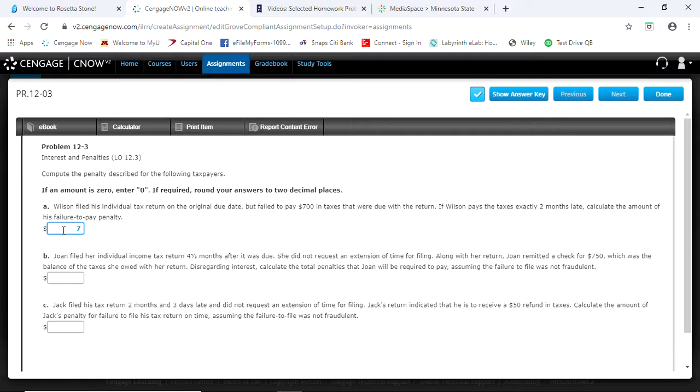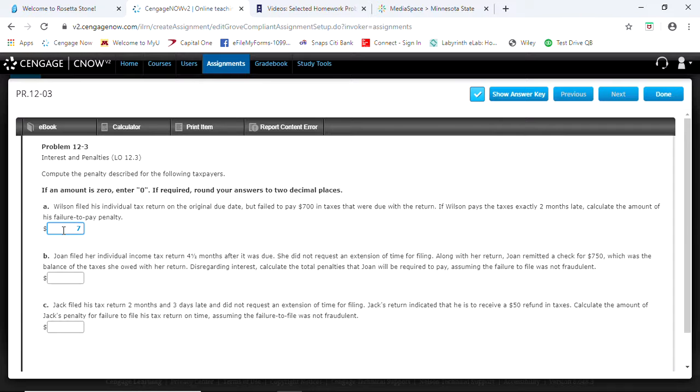Okay, part 2. Joan filed her individual tax return 4.5 months after it was due, so we're definitely going to have a failure to file. She did not request an extension of time for filing, so she was not allowed to file her tax return late.